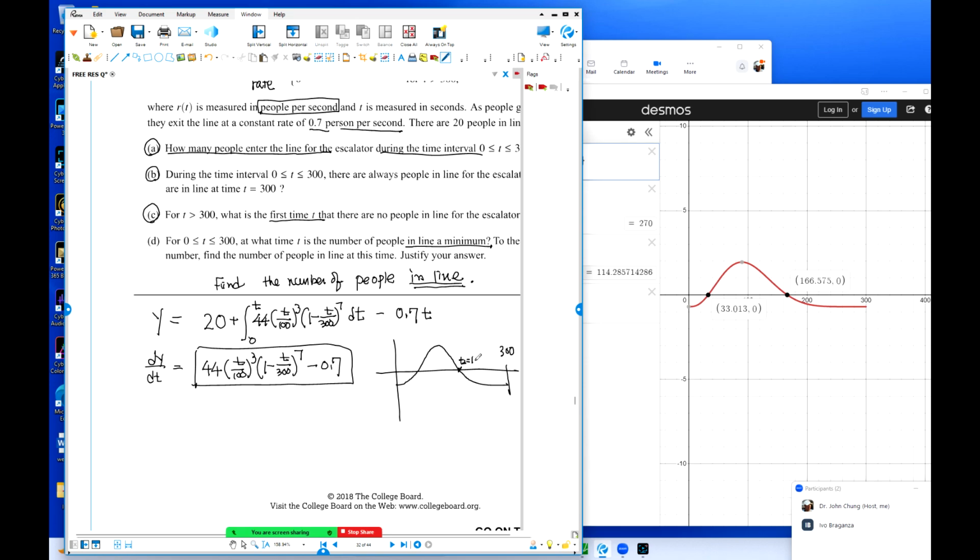At this point is 1.166 and 575. This time is 33.1013. That is decreasing, increasing, decreasing. What is the graph over here? At the beginning, it was 20, up to here that is decreasing. Are you okay with this?